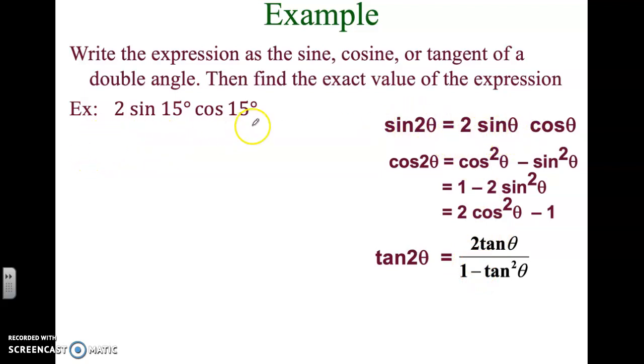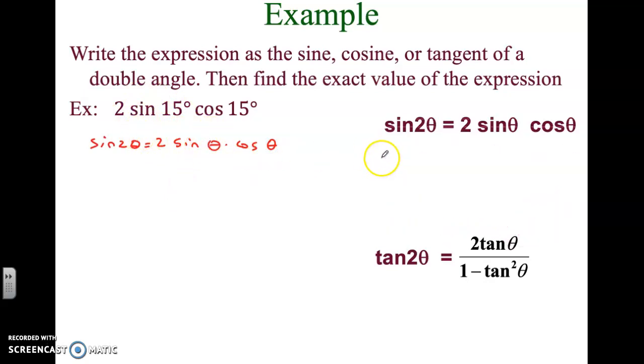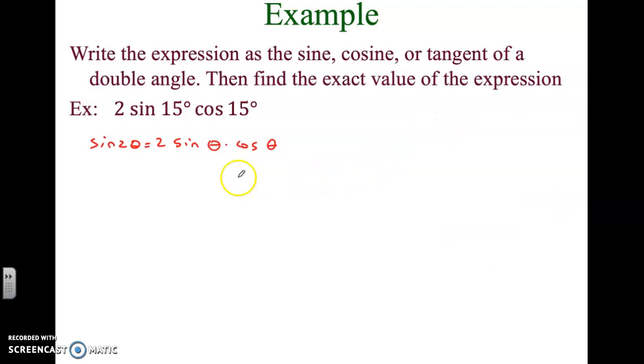So my identity is telling me that sine of 2 theta is equal to 2 sine of theta times cosine of theta, and I have the right side. Okay, so let's send that away. In this case, my theta is 15 degrees.